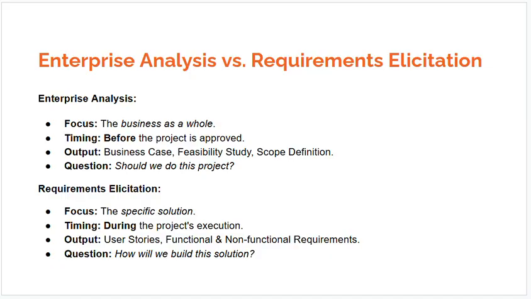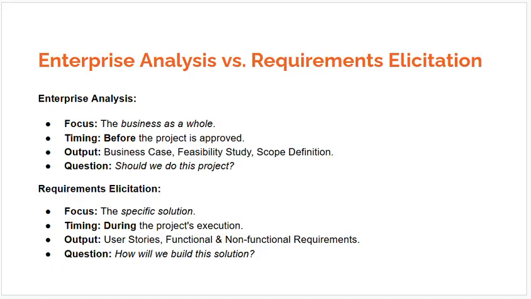So it considers the business vision and mission, what we are going to achieve, what the problems in the current system are, and the strengths, weaknesses, opportunities, and threats for the system, and does the PESTLE analysis. And requirement initiation is about a specific solution, what area we are looking at, and what the solutions are. So requirement initiation is a part of enterprise analysis, and enterprise analysis is the bigger one.